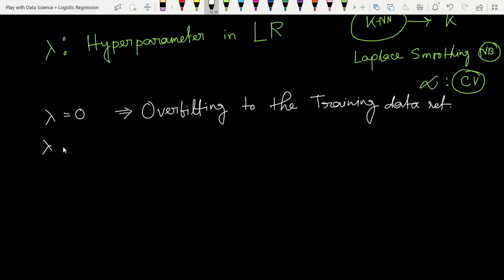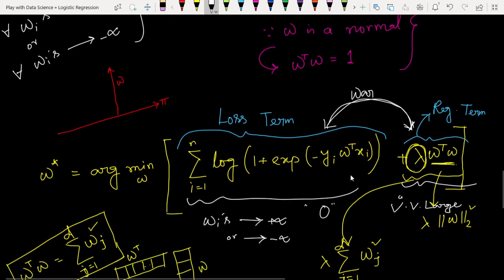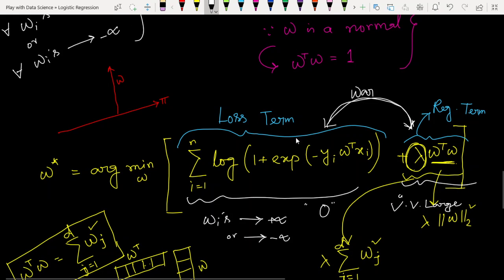And what if lambda is very large? If lambda is very large, then the regularization term will be very large, and the loss term tends to 0. Then our data set has no role.